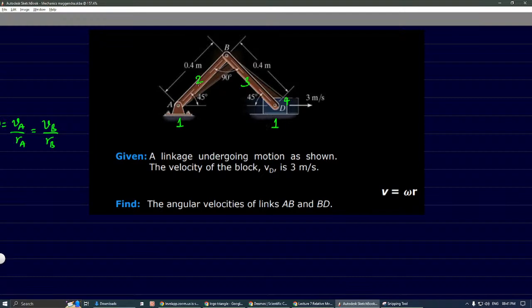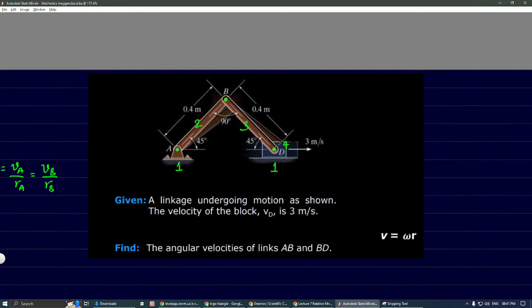So instantaneous center between 1 and 2 will be located here. Instantaneous center between 2 and 3 will be located here. So IC between 3 and 4 will be located here. And IC between 1 and 4. What about 1 and 4? 1 and 4 will be located at infinity.